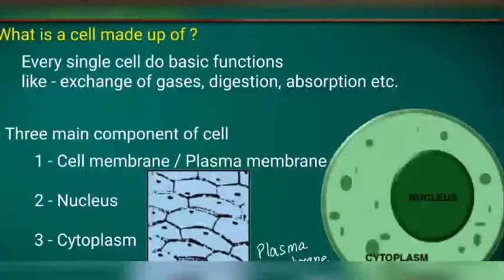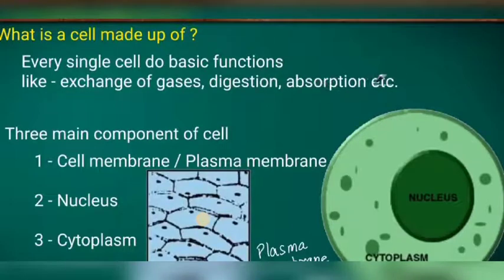Now, what is a cell made up of? Here you can see, we already learned that all organisms are made up of cells. So the question arises, what is a cell made up of?